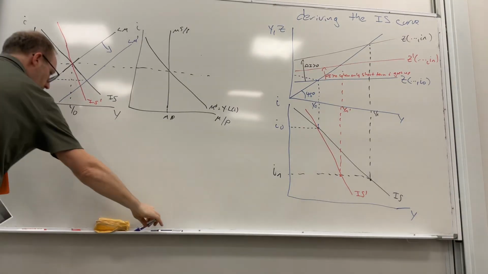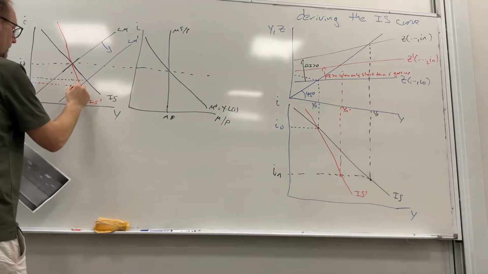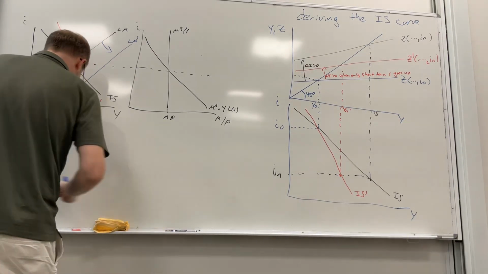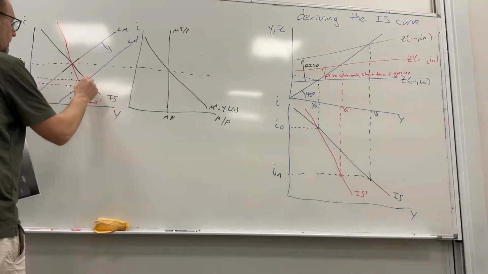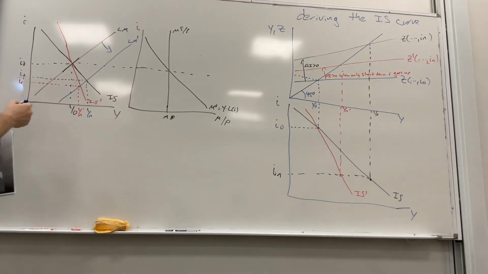Under the standard IS, the interest rate would go down to I. Under this alternative, the interest rate would go down even further. The output effect would be smaller.